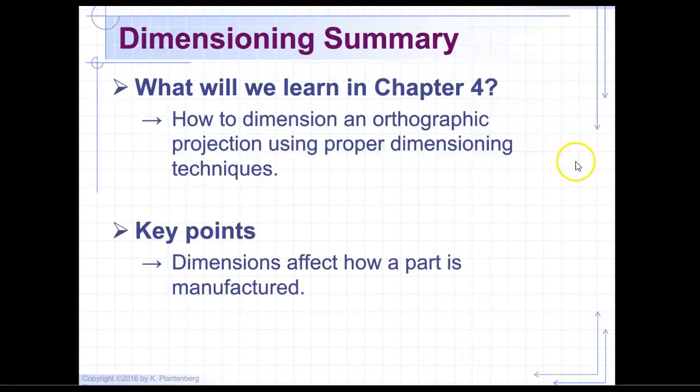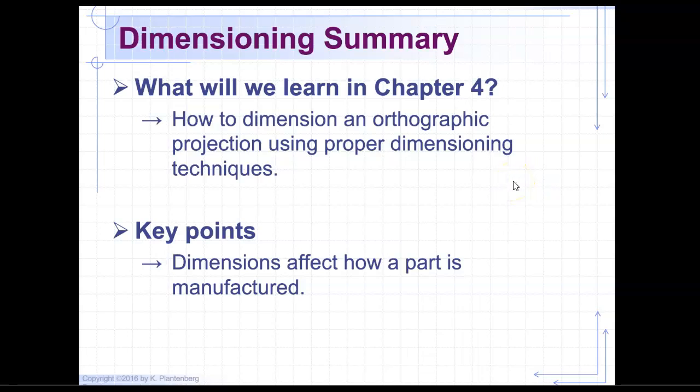The main reason for going through this is so that you know how to correctly dimension an orthographic projection and that you're using the right techniques as you go through. Again, remember how you put a dimension on a print affects the way a part is manufactured.